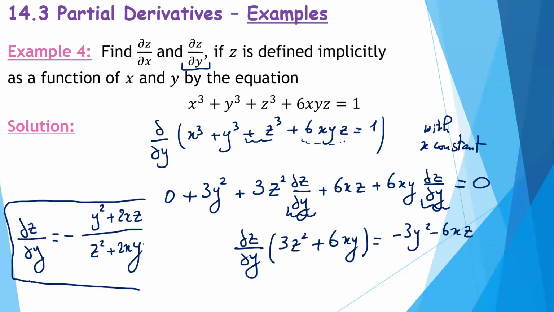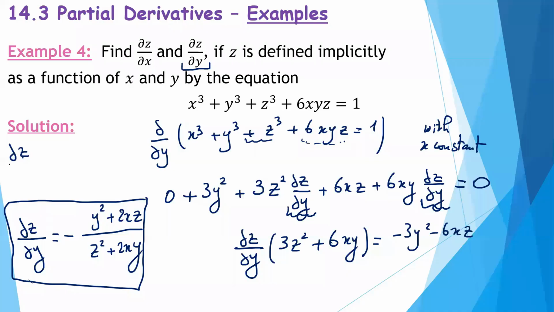This is the expression of the partial derivative with respect to y. This is expected because x and y play symmetric roles. So by symmetry, in the partial derivative of z with respect to x, just replace x by y and y by x, and you get the formula.